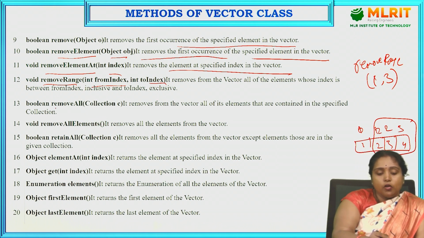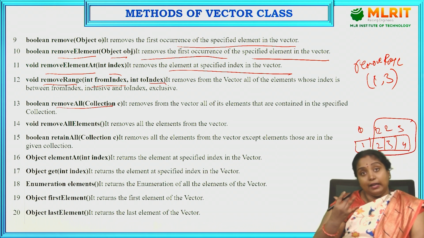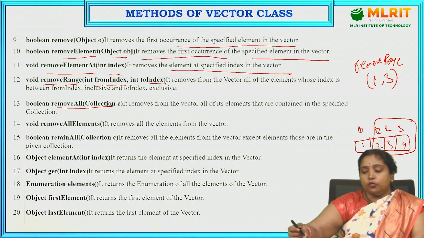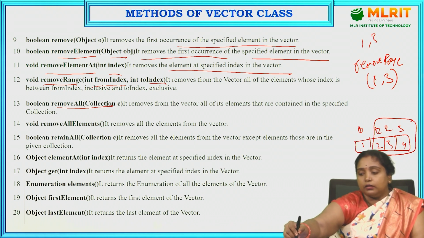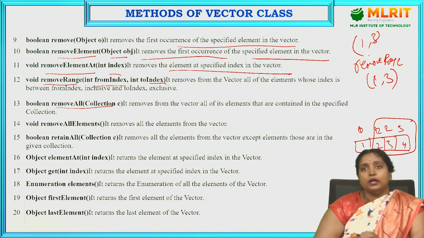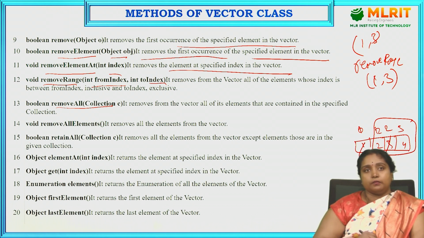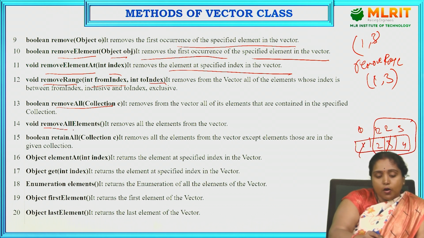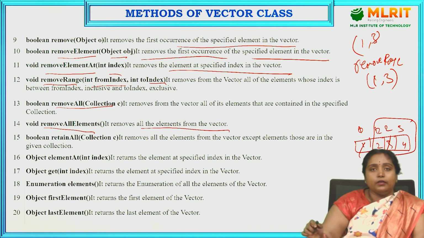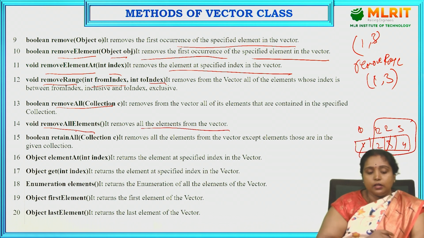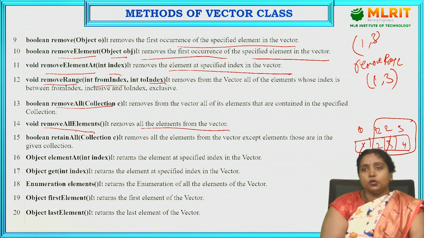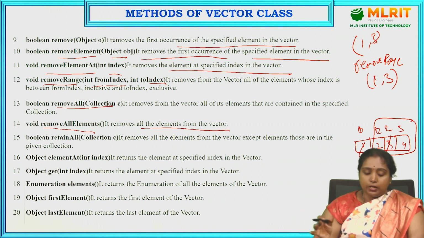Okay, removeAll(Collection c). If you are providing the elements to remove, for example 1, 3, I want to remove the elements 1 and 3, so it will remove 1 and 3 here. Okay, removeAllElements removes all elements in the vector. So removeAllElements is a method which is used to remove all the elements from the vector.